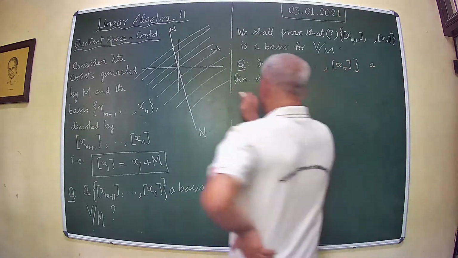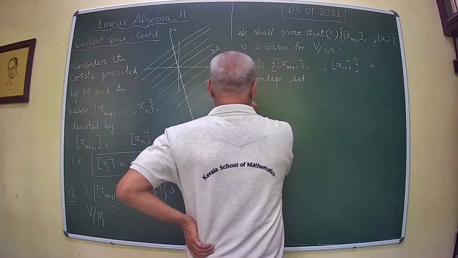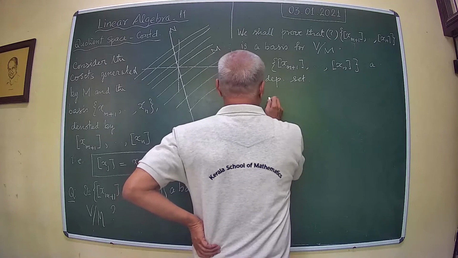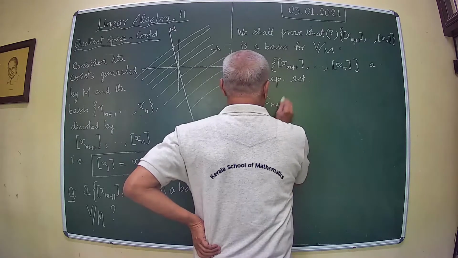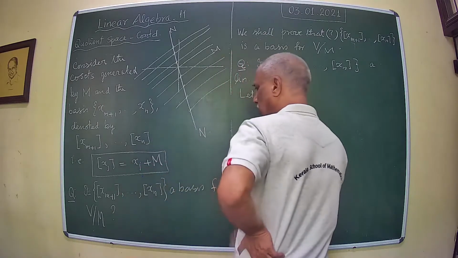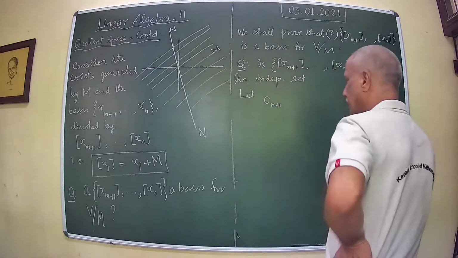So we look at this relation. Let c_{m+1}, ..., c_n, these are all generic constants, not the same C that we are using.